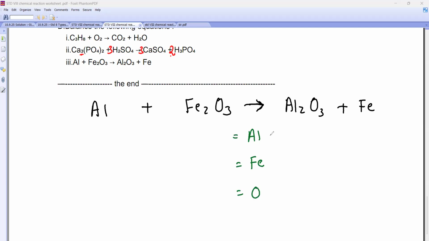So you have to put only 2 and 2. So Al is 2. On this side there is 1, on that side there is 2. Here it's 2. So put 2 ahead of the Al we have and this 2 ahead of the Fe.